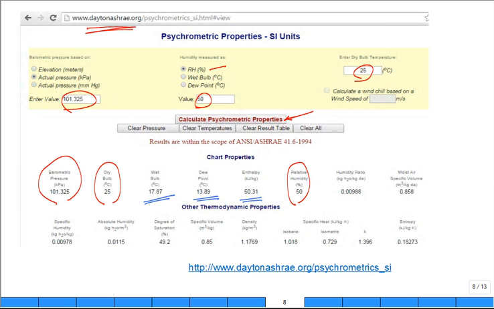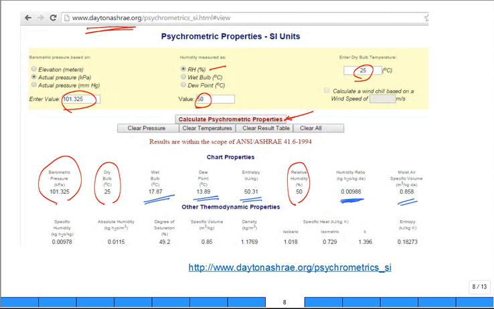Now, reading the chart, you're not going to get 4 digits. You're good to get 2, and sometimes the students are really good at 3. They really are. They can sometimes get 3 digits. And then the humidity ratio, 0.00988. And this is the specific volume. I don't think I asked for it, but there it is.